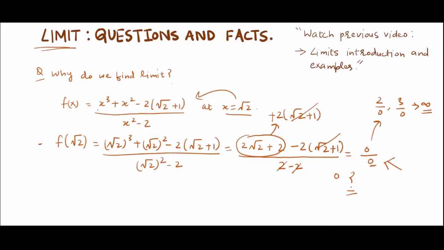Now we will apply limit to this function. Here another question arises, that how do we find limit? This we have done in our previous video, right, to find the limit of a function.